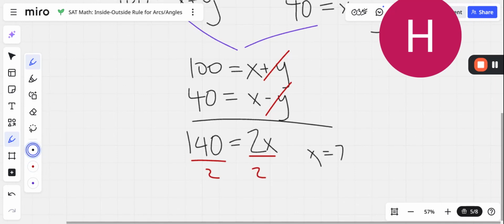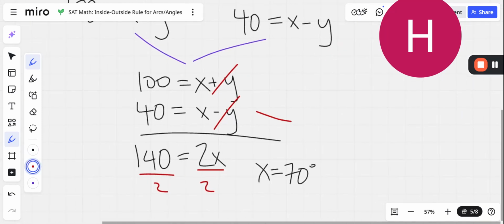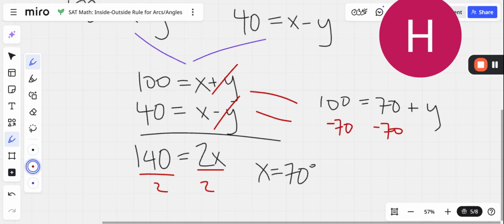So the big arc is 70 degrees. We can use any one of these two equations very simply. Let's use the top one. So 100 equals 70 plus whatever y is, and we can easily solve for that as well. By subtracting 70 on both sides, we get that y has to be equal to 30 degrees.